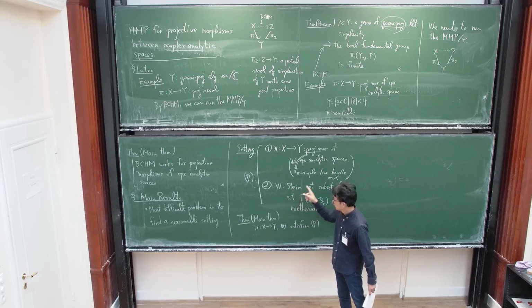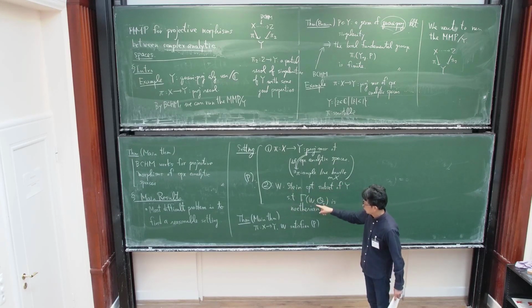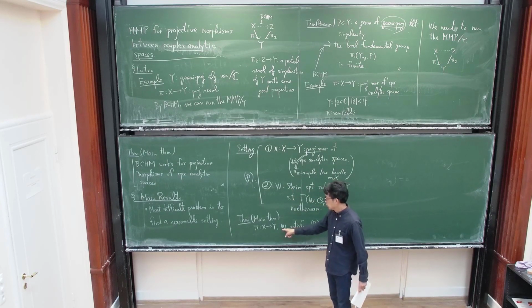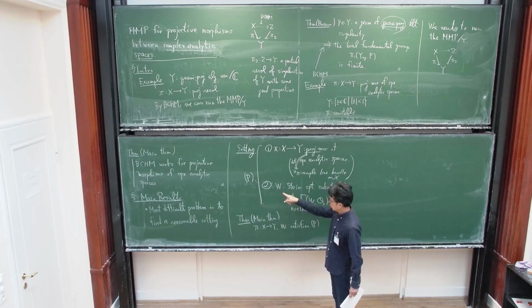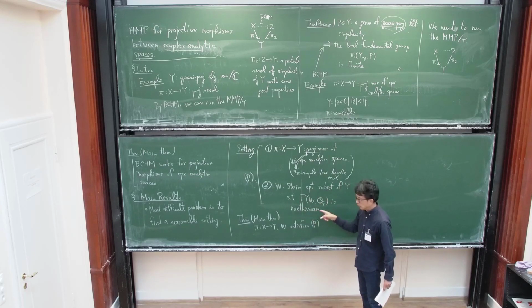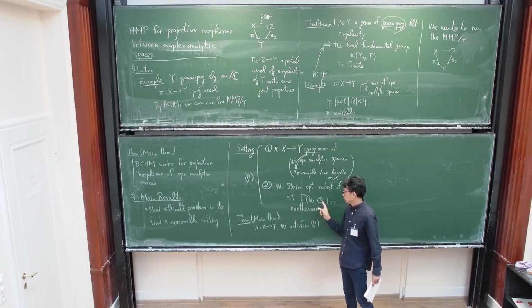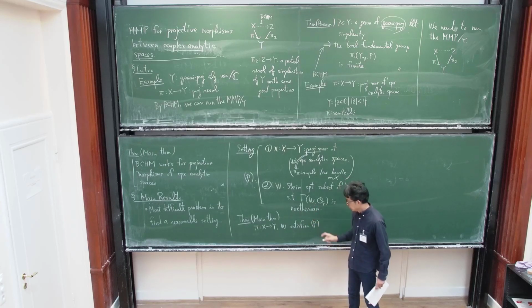I will explain Stein compact and this condition later. W is a compact subset, which is Stein compact, and satisfies this finiteness condition: the ring of holomorphic functions on W is Noetherian.